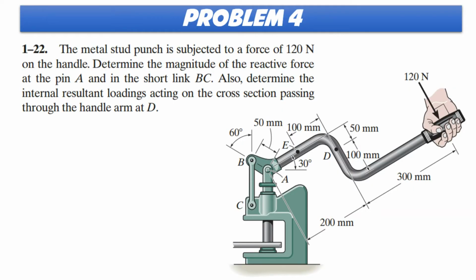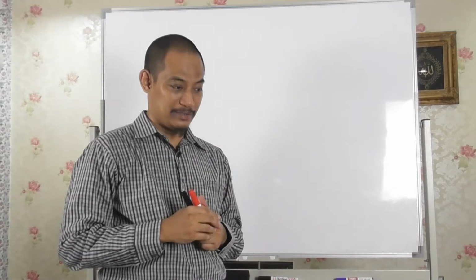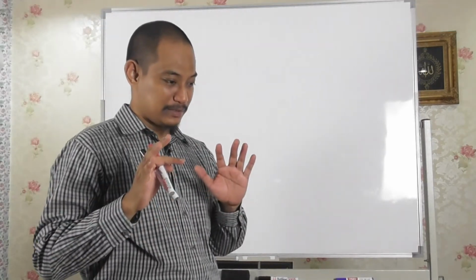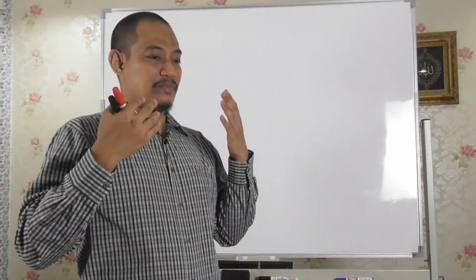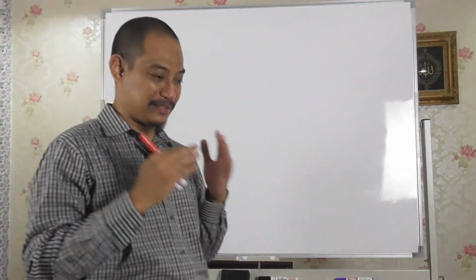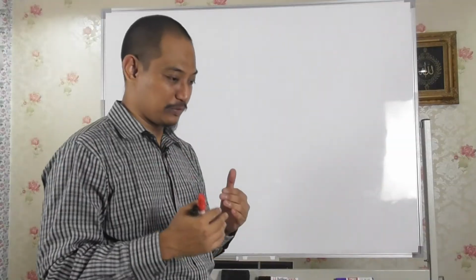Okay, this is problem number 4, our final problem for this section. So we have the diagram there. I know for some students this might seem intimidating, but calm down, take a breath, and then just look at what the question wants, and we move on step by step.